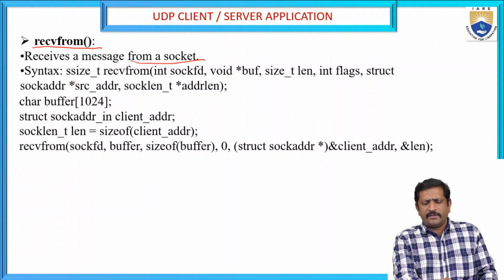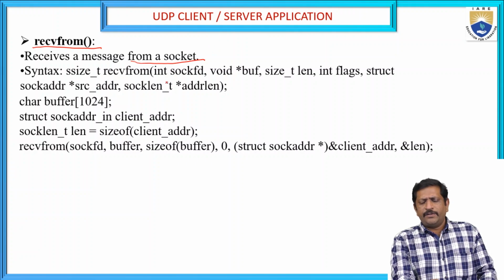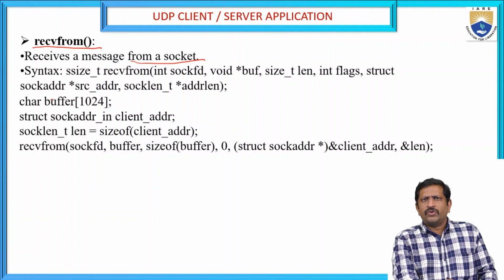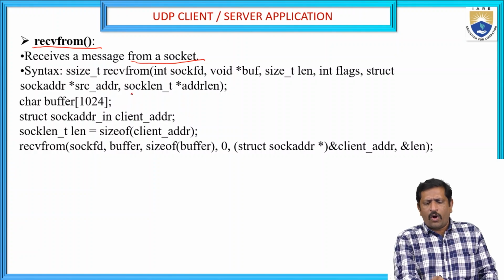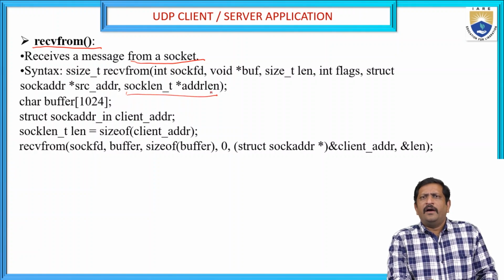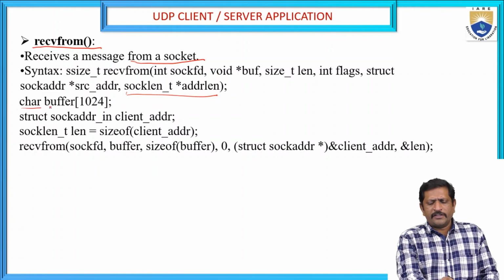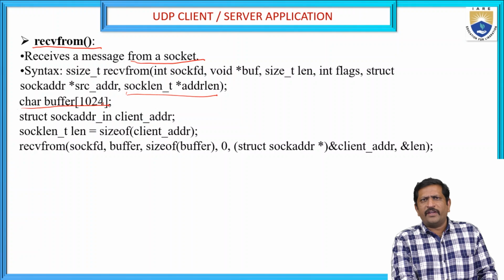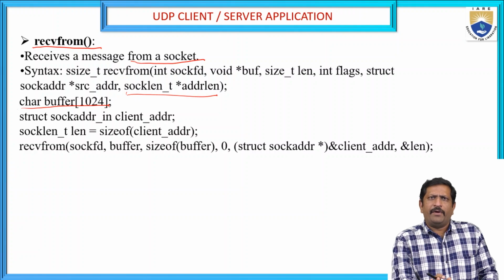The syntax is ssize_t recvfrom(int socket_fd, void *buffer, size_t length, int flags, struct sockaddr *address, socklen_t *address_len), where the address and address length are pointer types. Here the buffer size is 1024. Now we are mentioning the details of that particular other device.